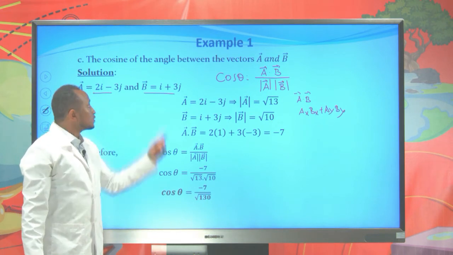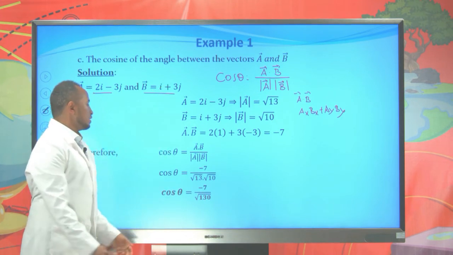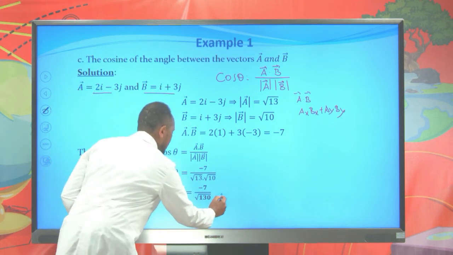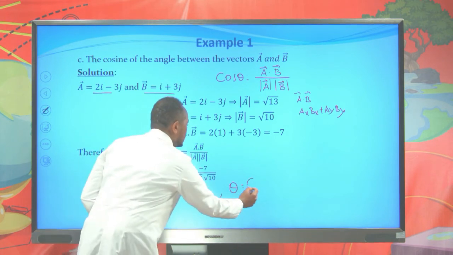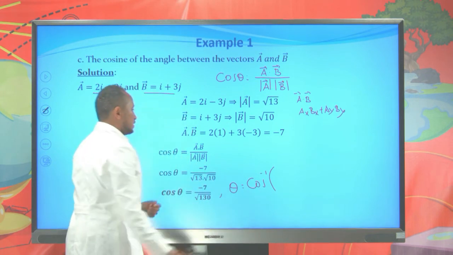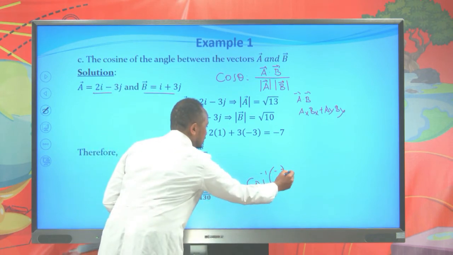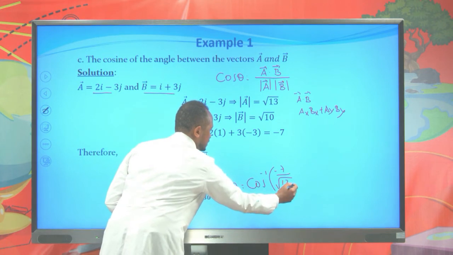We are asked to find the cosine of the angle between the vectors, not the angle. If we are asked to determine the angle, theta will be equal to cos inverse of negative 7 over the square root of 130.